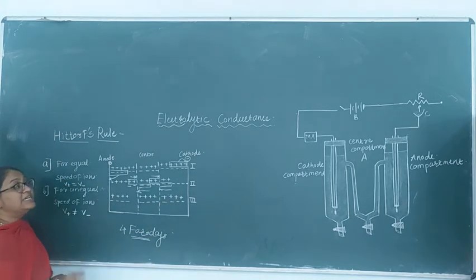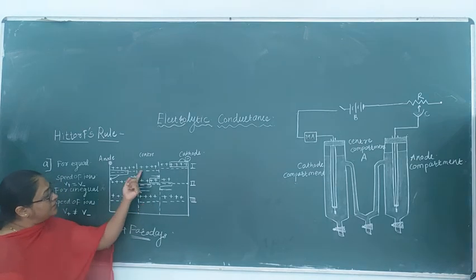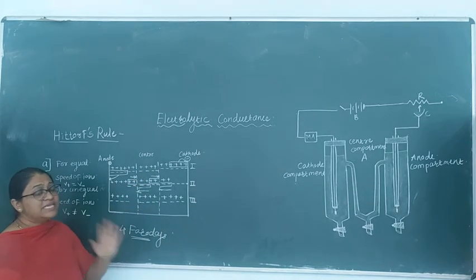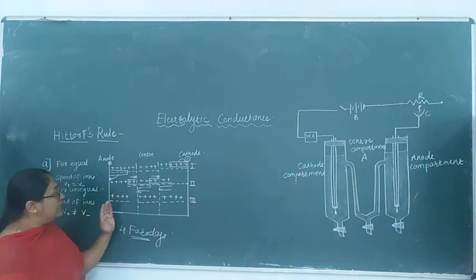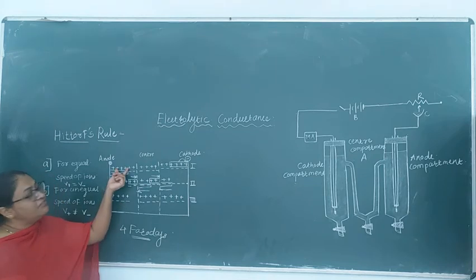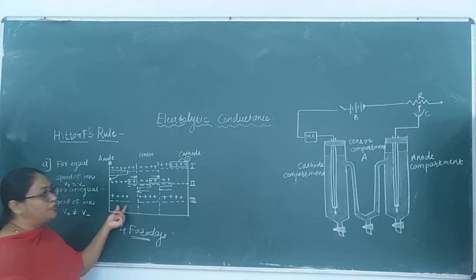Now, see the changes in the concentration. The central compartment, initially it had 4 each, now also 4 each. That means there is no change in the concentration of the central compartment. Let's see for the anode and cathode. In the cathode, how many positive are there? 6, now 4. Similarly, negative are also 4.